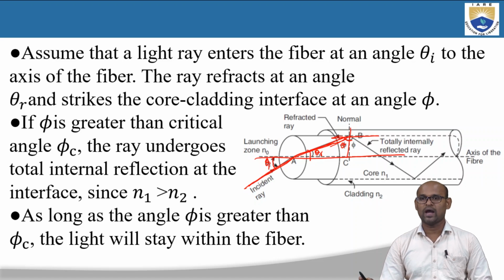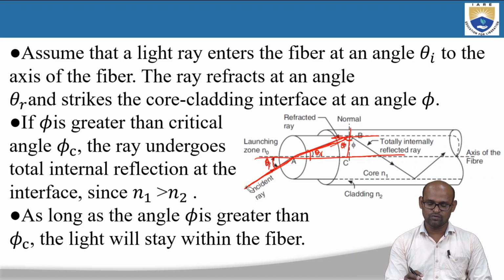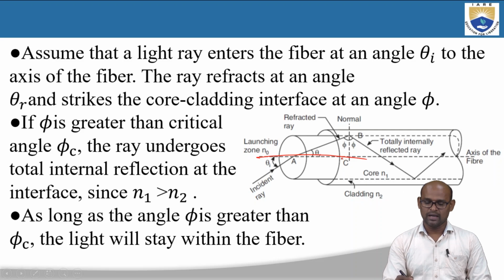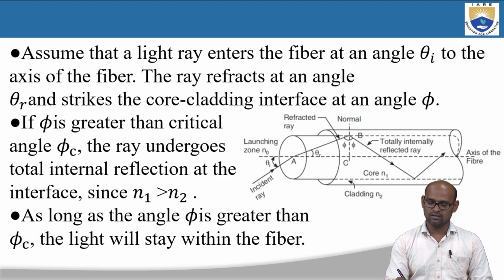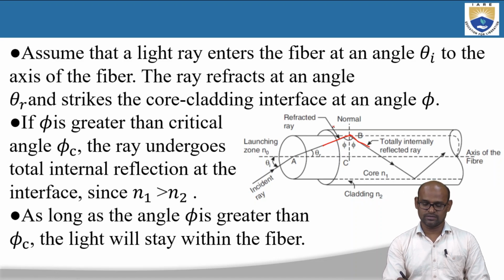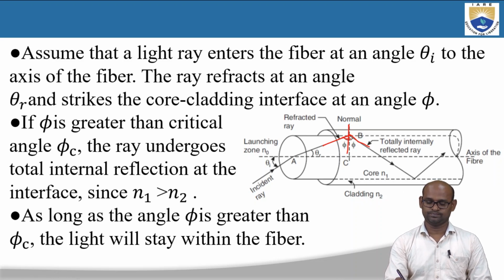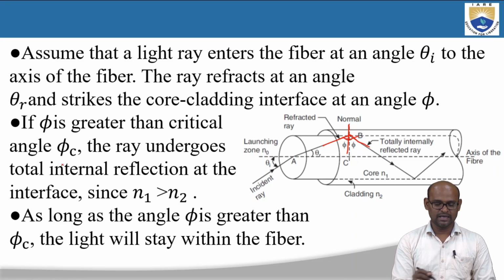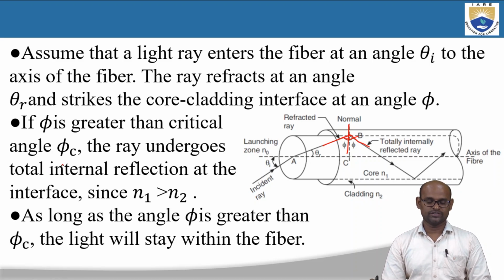Okay. So now we have theta I, which is the angle of incidence or launching angle, theta R, which is the angle of refraction with the axis of the fiber, and phi is the angle made by this light at the core cladding interface. If phi is greater than the critical angle, the ray undergoes total internal reflection at the interface.